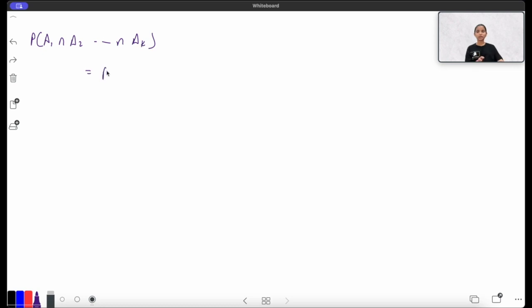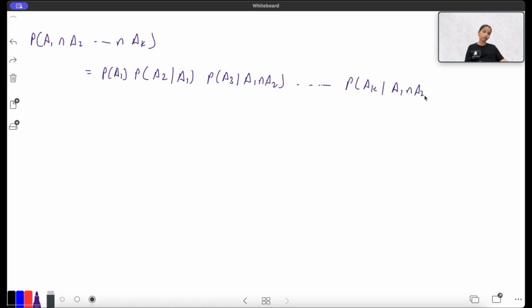Then this can be written as probability of event A1 into probability of event A2 given that A1 has already occurred, into probability of event A3 given that A1 and A2 have already occurred, and similarly going on, probability of event AK given that all the other events except AK have occurred. That's the generalization.